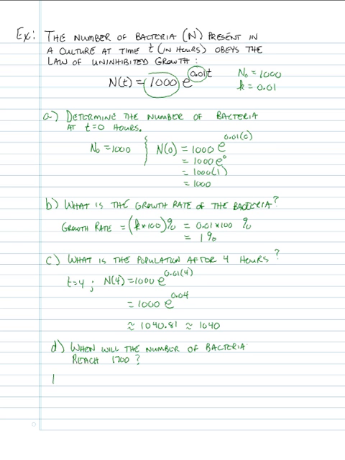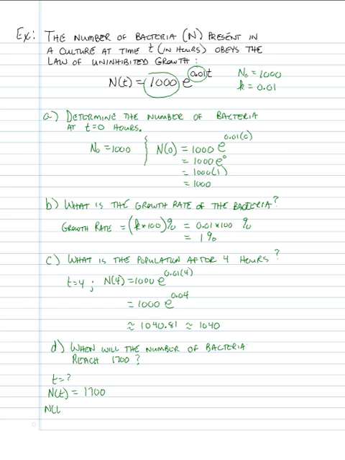So we're looking for a t-value, aren't we? And what t-value are we looking for? We're looking for a t-value that when we put it into the function, the number we get is 1,700. In other words, we're looking for the left side of the equation. See, that's really all that we've got here.